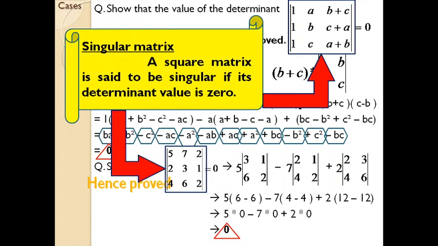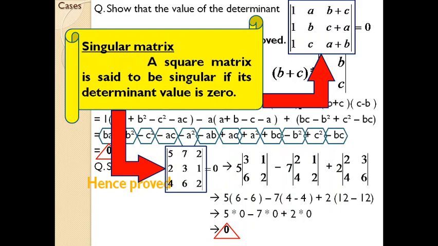So now you may have a doubt that after the beginning of determinants, we have said that determinants are different and matrices are different, and they are identified by using square brackets as well as line brackets. Here in this question line brackets are given, and how are we saying that this is a singular matrix?